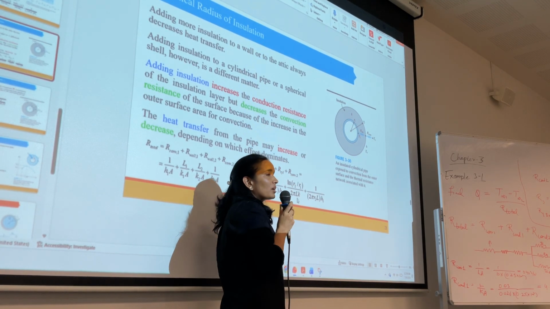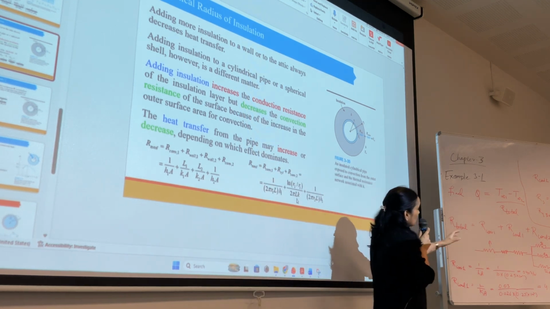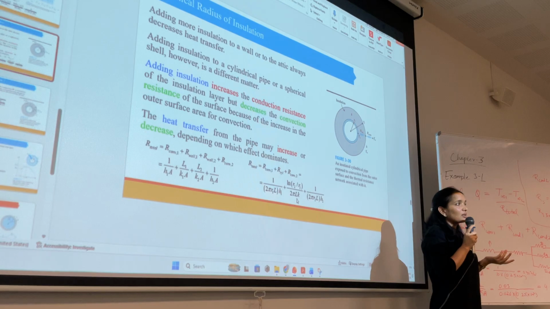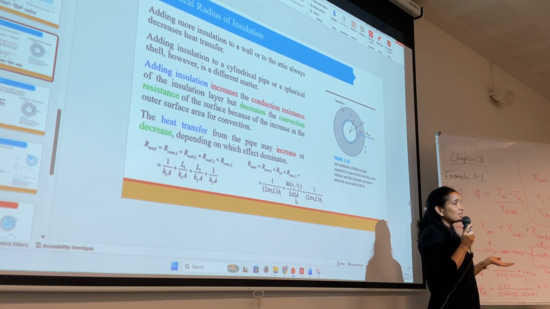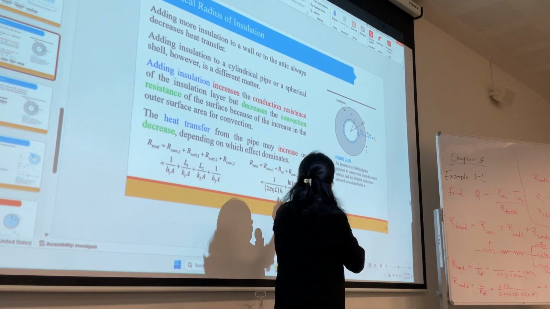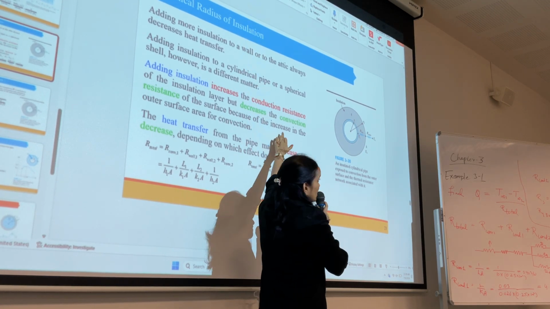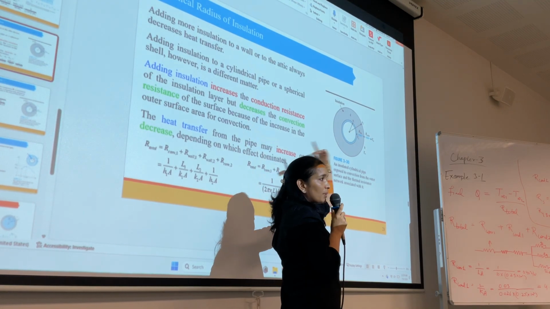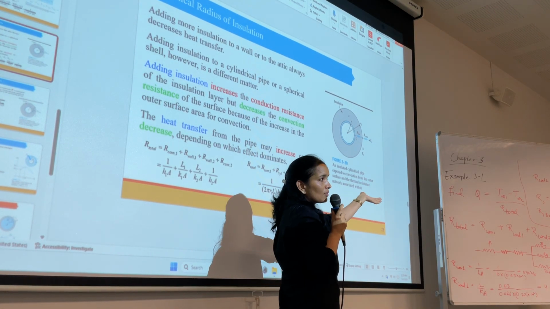Convection depends on hA, the area. When you are adding insulation, the area of the cylinder is increasing, so the convection will be higher. When they say convection resistance is decreasing, it means heat transfer by convection will be higher.